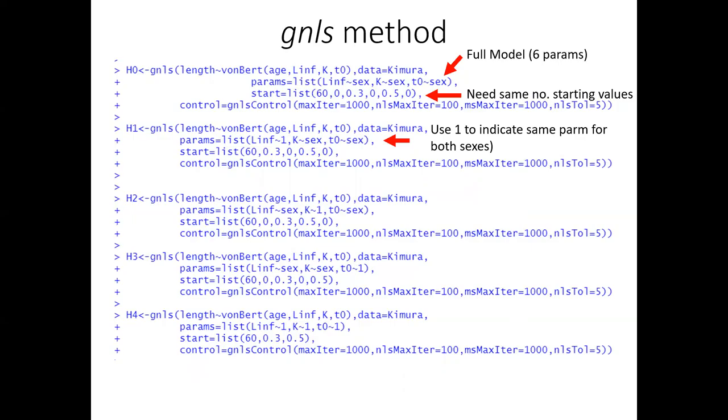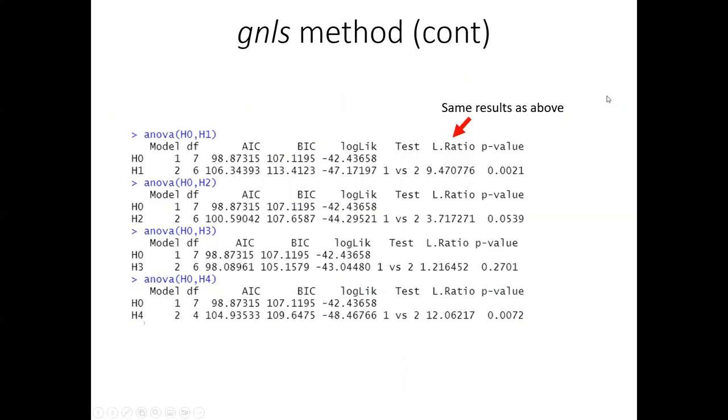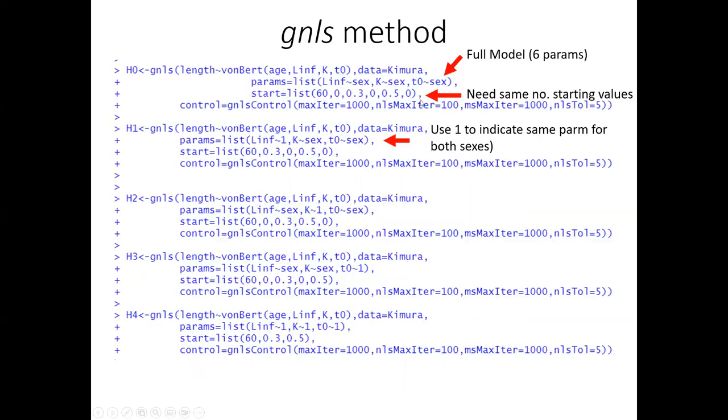And the way you would set the model up is there's an argument called params, and you list within the list argument the parameters that you're estimating, and then the classification variable that indicates which groups they should be examining.